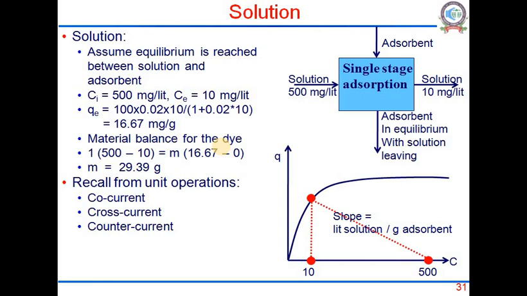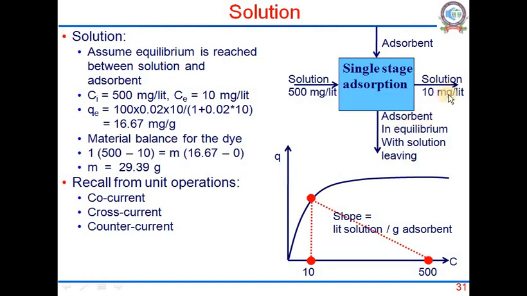Okay, so remember, what we are going to do is a single stage adsorption. Solution comes in with an inlet concentration of 500 milligram per liter. Adsorbent comes in; it does not have any adsorbed solute. We allow equilibrium to take place and the adsorbent will be in equilibrium with the solution leaving.